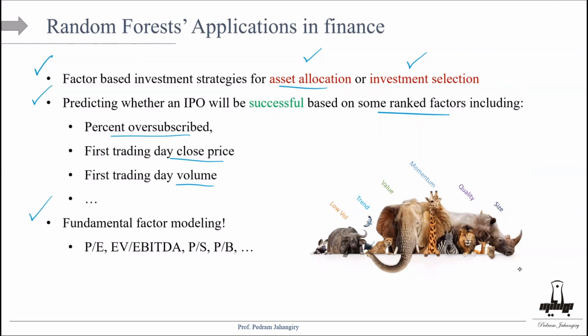For example, we look at companies' PE, EV/EBITDA, price over sales, price over book ratio, and it's well known that many analysts use the PE ratio to evaluate a stock. But why PE? Why not price over sales? Why not price over book? And if a combination of them, what percentage, right? So how do we weight these factors? We can use random forest, look at the feature importance, and then use the weights of the feature importance as a weight for these inputs for the asset pricing.